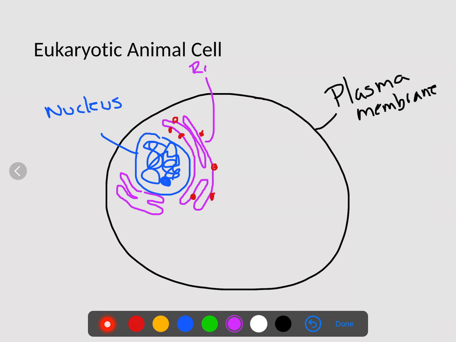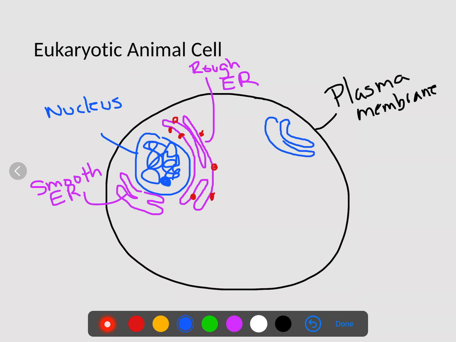So this is our rough ER because ribosomes are attached, and this would be our smooth ER because there's no ribosomes attached. Now remember, once the proteins are made on the rough ER and modified in the rough ER, they're sent to this flattened pancake-looking membranous sac where the final modification occurs and shipped out of the cell. This, again, is our Golgi bodies.